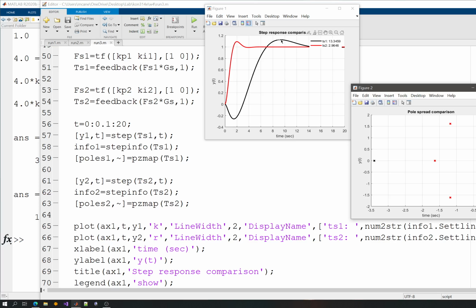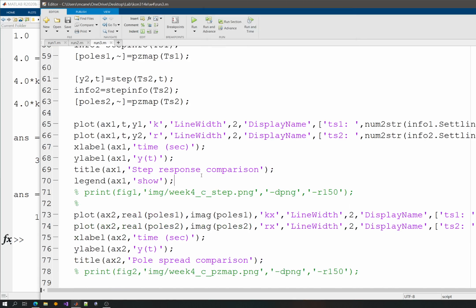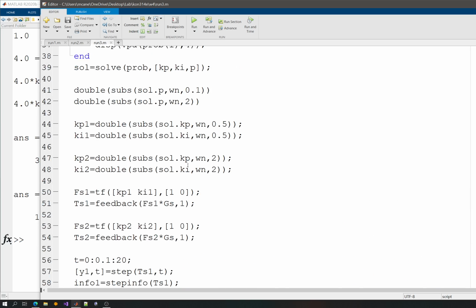It has almost the same zeta value. It doesn't have the exact value, because I don't see the effect of the zero at the moment, because I didn't place the zero. I might also want to do that, which will be a good idea, since it is also important where the zero of the controller is.